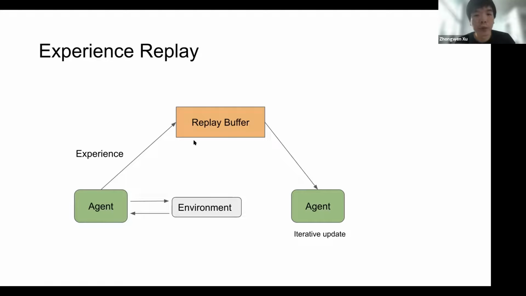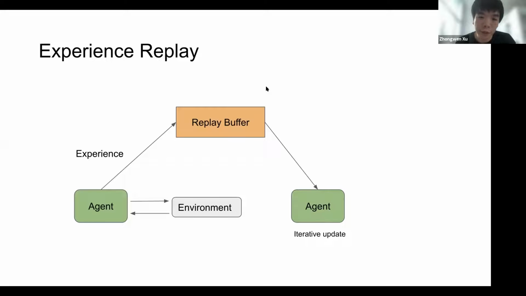And how the agent performs the learning is that it samples from the replay buffer to obtain a batch of data. You can imagine that all of the transitions between the agent and the environment are stored here in the replay buffer, and then they perform batch iterated updates on the learning side.